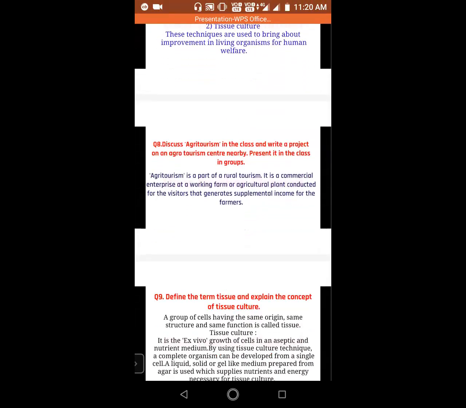यानी ये agri tourism क्या है? जैसे कि हम किसी फार्म में विजिट करते हैं, है ना? जैसे कि हम जंगल सफारी करते हैं और उनको देखने का हमें ये रहता है. तो वैसे भी ये एग्री टूरिज्म इज अ पार्ट ऑफ रूरल टूरिज्म.